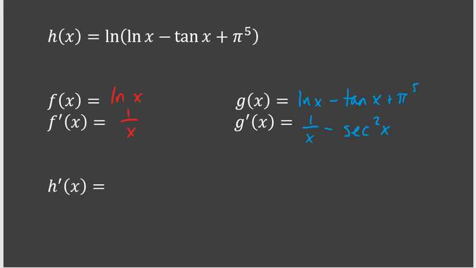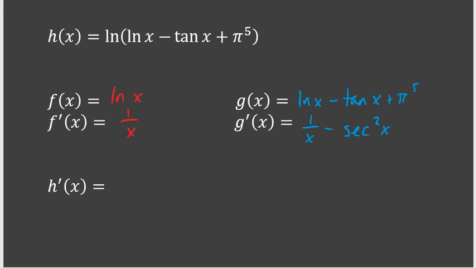And now the derivative of pi to the fifth. Do not get caught up on this. Do not think that it is 5 times pi raised to the fourth power. Pi is just a constant, so pi to the fifth is just a constant, and when you differentiate a constant, you get 0. So g prime is just 1 over x minus secant squared x.